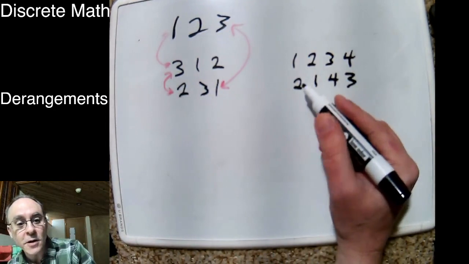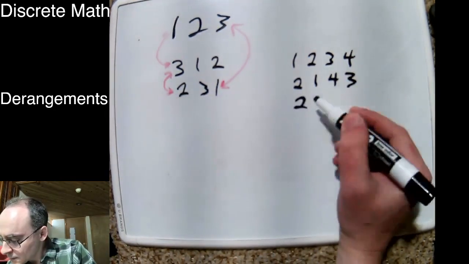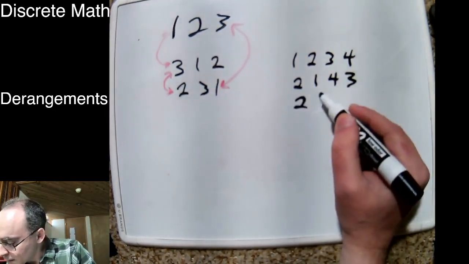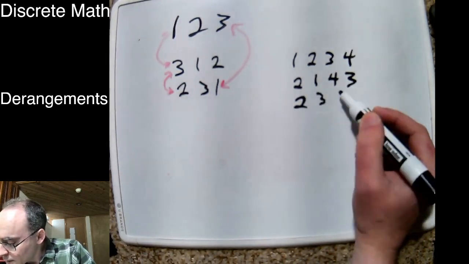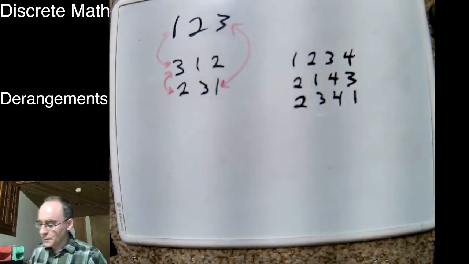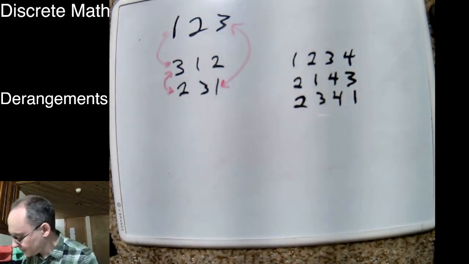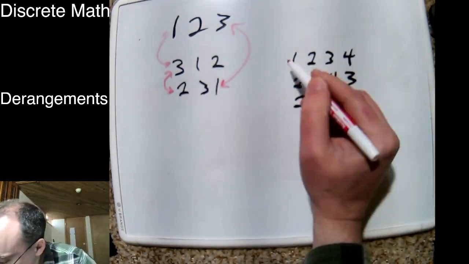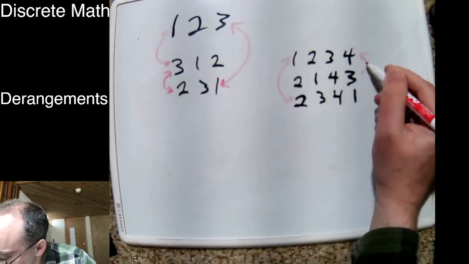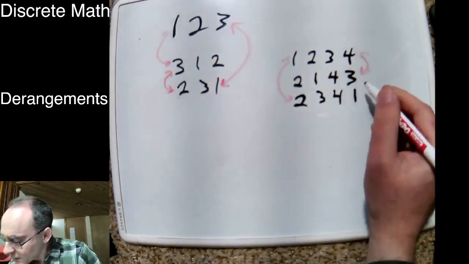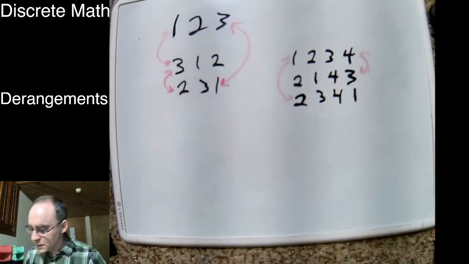So of course those aren't mutually derangements. We had 2, 1, 4, 3. That's a derangement of the original. But we also have 2, 3, 4, 1. That's a derangement of the original. So this pairing is a derangement of the original, but these two are not mutually deranged: the 2, 1, 4, 3 and the 2, 3, 4, 1.